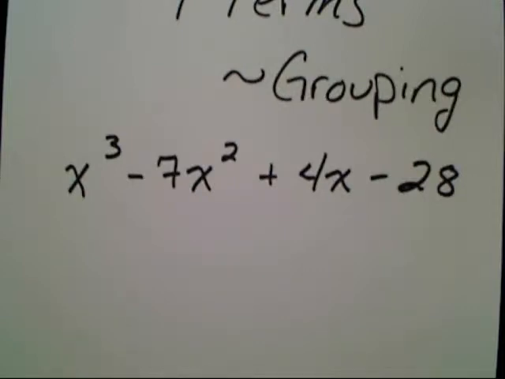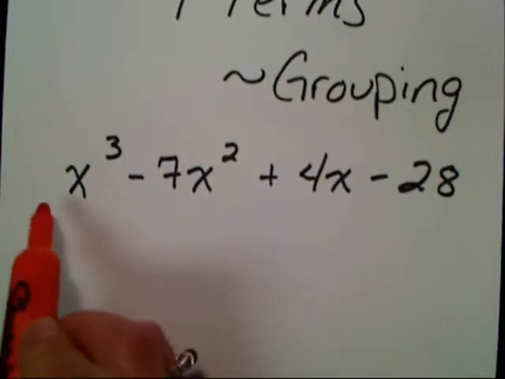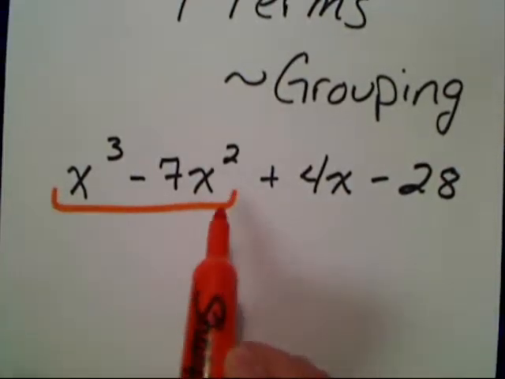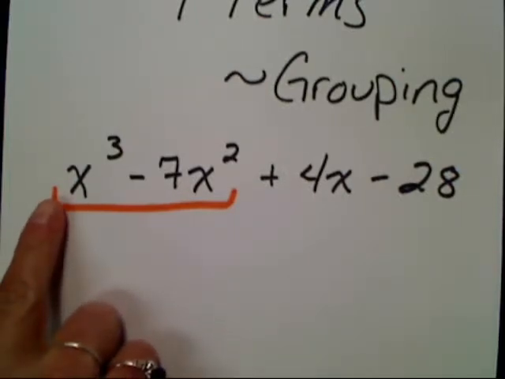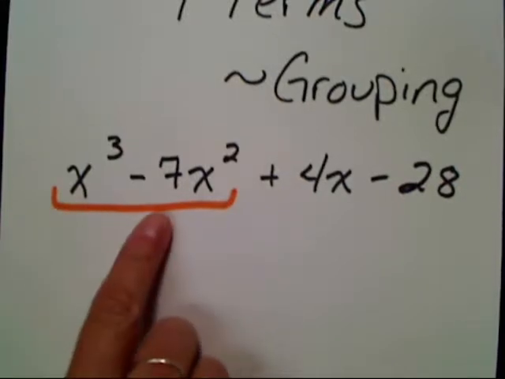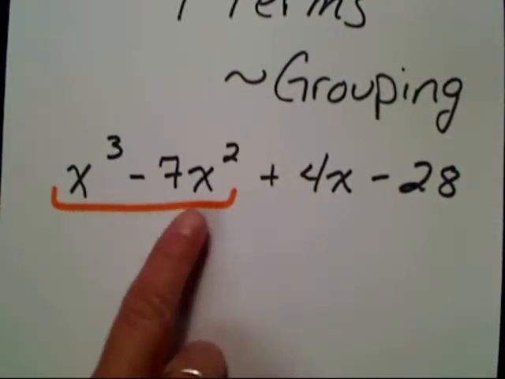And what I'm going to do is look at my first 2 terms and say, okay, if I just had these 2 terms, what's the greatest common factor there? And I say, well, once again, I have a 1 in front of the x cubed and the negative 7. So there's nothing common between a 1 and a 7. But I have x's here and here.